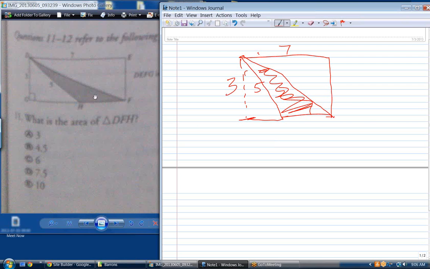And they're going to ask for the area of this, so we need HF. This is HF, and this is D up here.